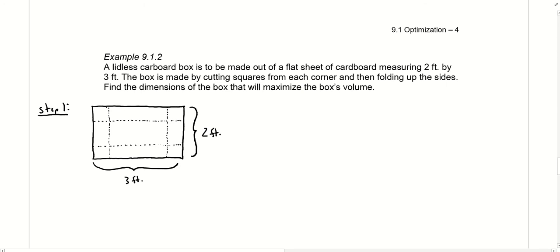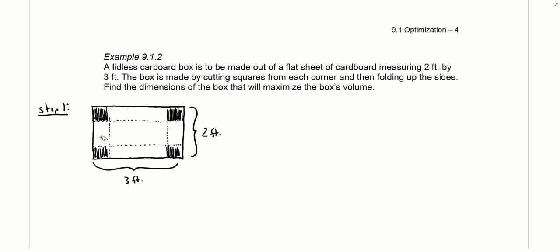The way that I would construct my sides is I would cut out these little corner squares, and then I would fold up those 4 side pieces to make the actual sides of the box. So I would have to tape them together. But here's side 1, side 2, side 3, side 4. And if we tape those edges together, that gives us our box without a lid. So just the base of the box plus the sides.